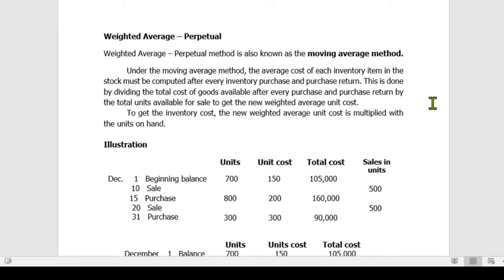Pero kapag ikaw ay bumili or merong purchase return, doon magkakaroon ng effect sa iyong unit cost. How is it done? This is done by dividing the total cost of goods available for sale after every purchase and purchase return by the total units available for sale to get the new weighted average unit cost.